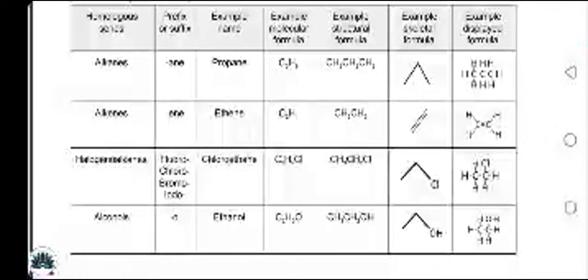You can also focus on the molecular formulas, which are simple as shown, and structural formulas, which are also simple as shown. The skeletal formula is a bit new for you guys. In the molecular and structural formula, there are only three carbons.